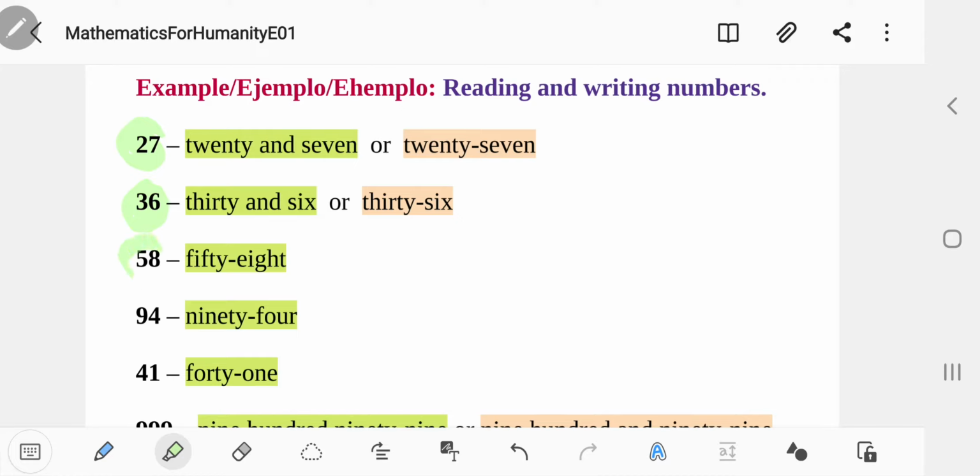This is 58, or 58 in Espanyol. This one is 94. This one is 41. It has also an equivalent Spanish name for that, and also Bisaya name for that. But in this case, we'll just do it in English.